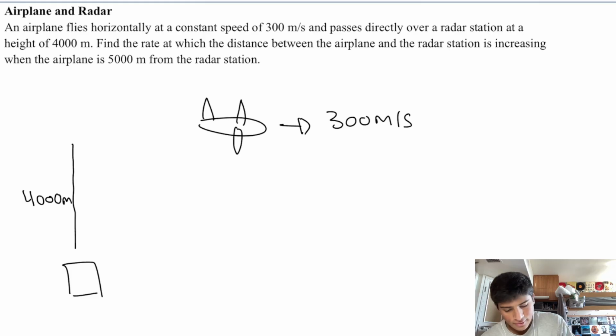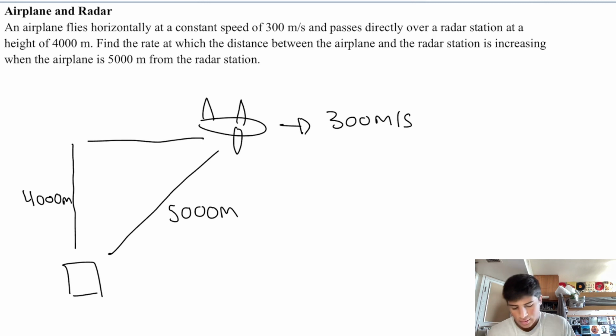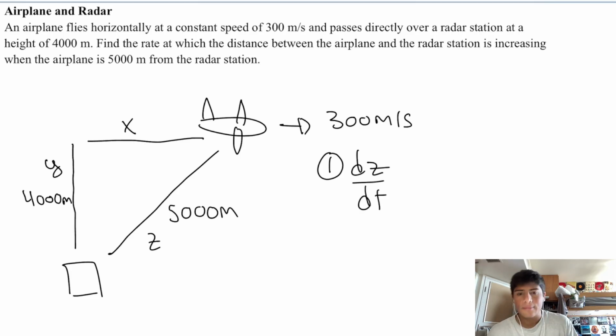We're going to move this, and we're going to say that this is 5,000 meters. Y, X, and Z. We want to find dz over dt, the distance between the radar station and the plane.